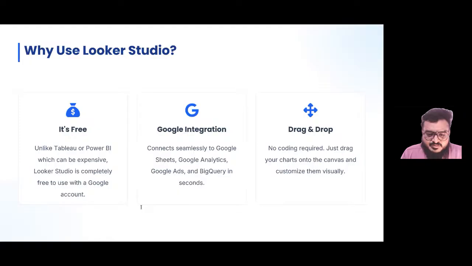So this is why people use Google Data Studio. It was previously known as Google Data Studio. Now it is Looker Studio. When I was working initially in 2021 or 2022, there were no advanced tools in it.